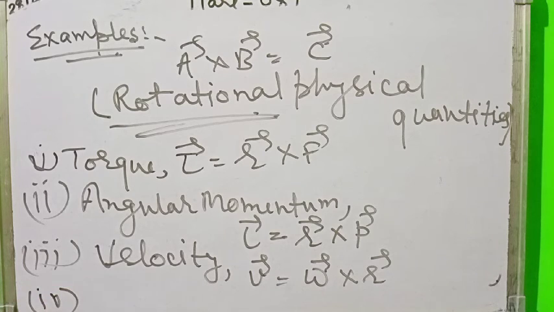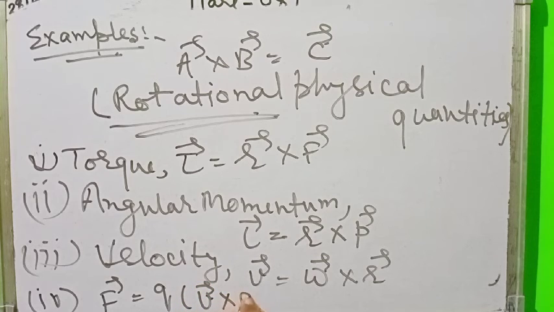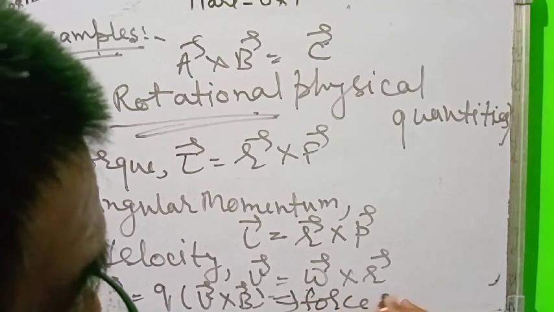You will study this in class 12. Force on a charge q moving with velocity v: F is equal to q v cross B. This is the force on charge q in a magnetic field.